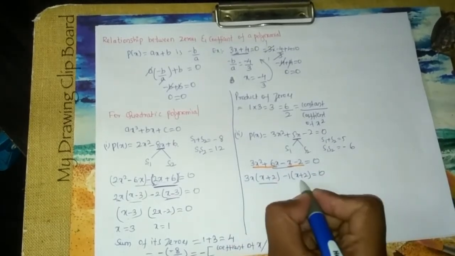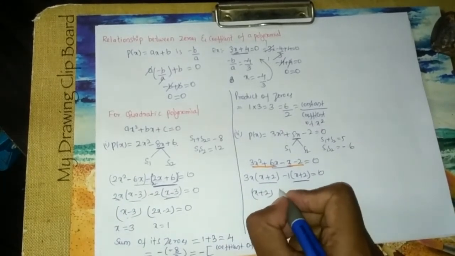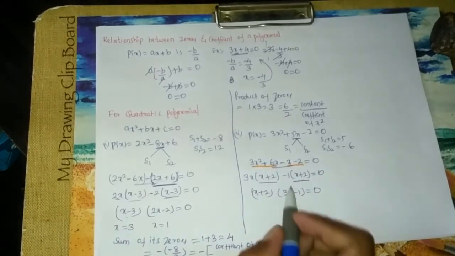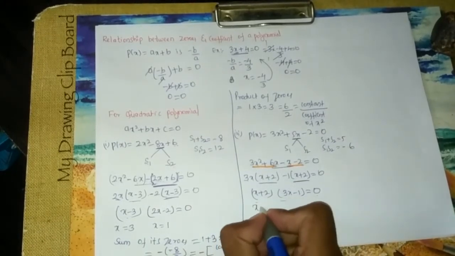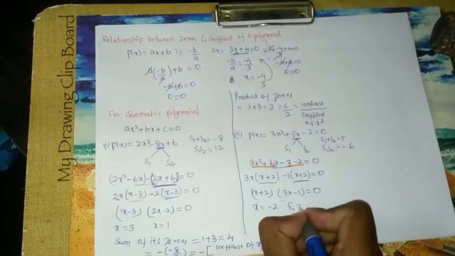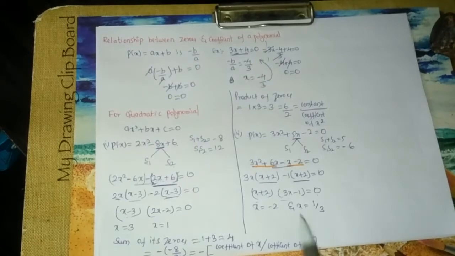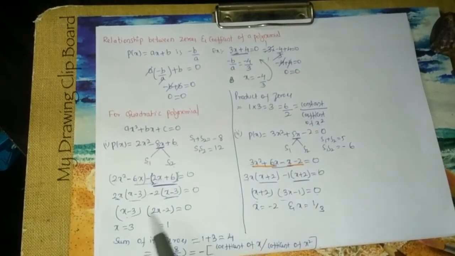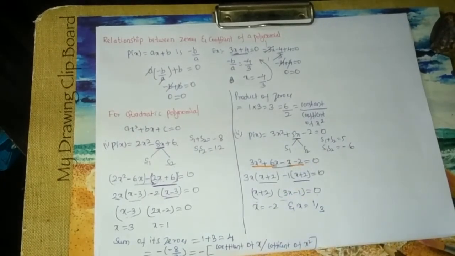So again we can take x plus 2 common, and we are left with 3x minus 1 equals 0. Equate these two to 0, so x equals minus 2 and x equals 1 by 3. So x equals minus 2 and x equals 1 by 3 are the zeros of the quadratic polynomial 3x square plus 5x minus 2.